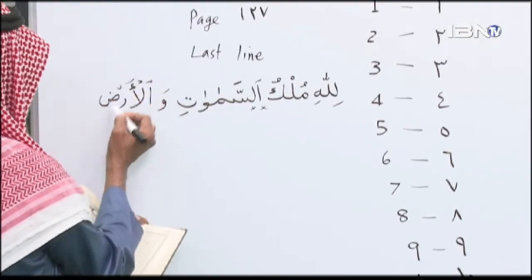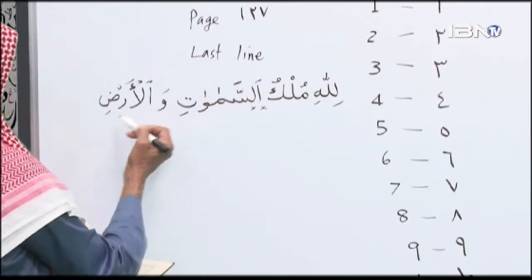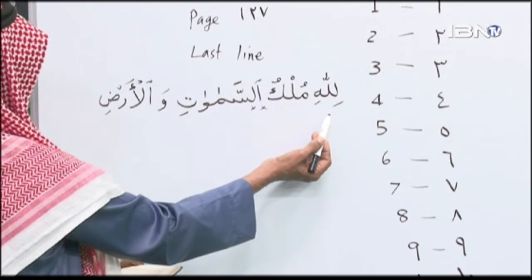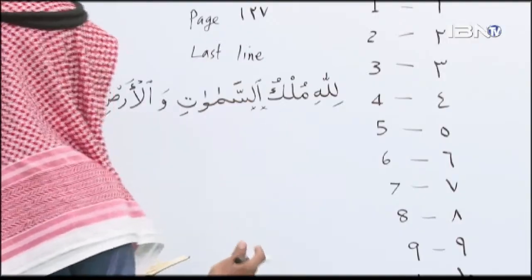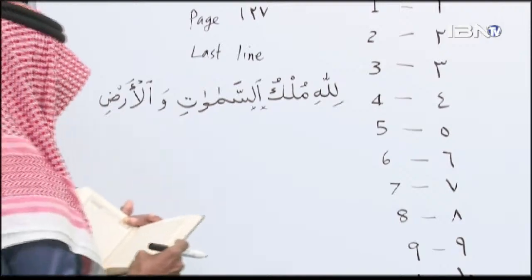Right? Lillahi mulku samawati wal ard. To Allah belongs the heavens and the earth. All right? The possession of the heavens and the earth.